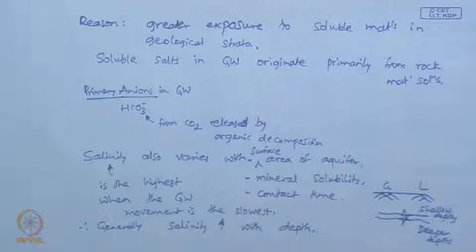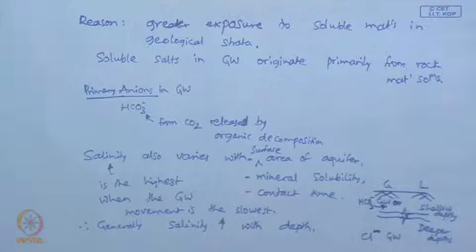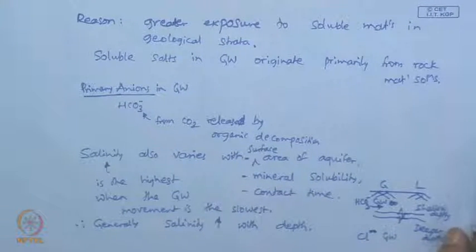At the shallow depths, there will be bicarbonate salinity, or HCO3 waters, and at deeper depths and at the deepest depths, this is a chloride groundwater. In between, the remaining salts will be.